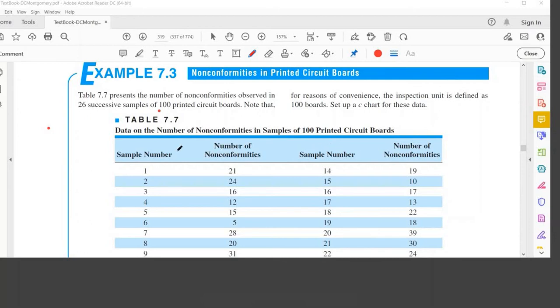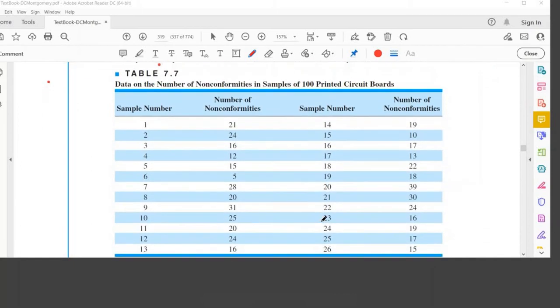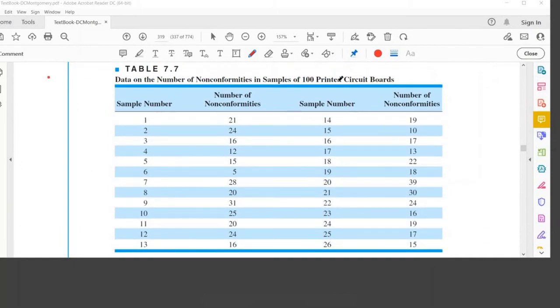In this example, we have printed circuit boards, and the sample number is given here. I think 26 samples are given. The number of non-conformities, in this case, 100 units, maybe in one box, they have 100 PCB.